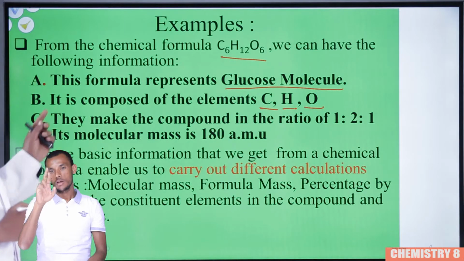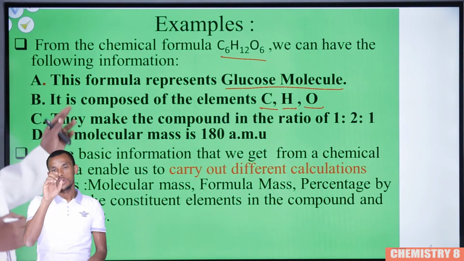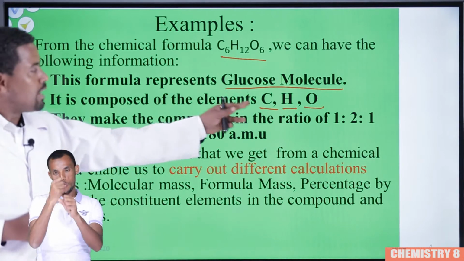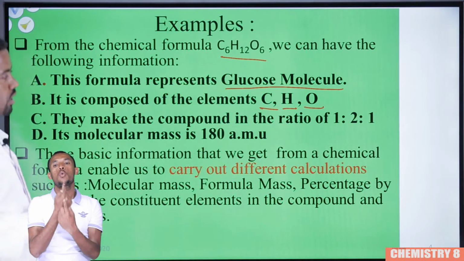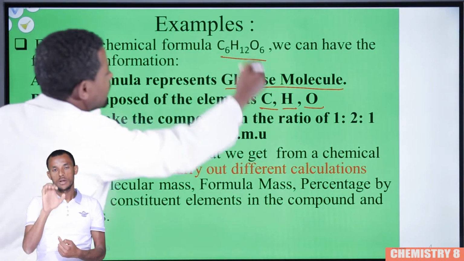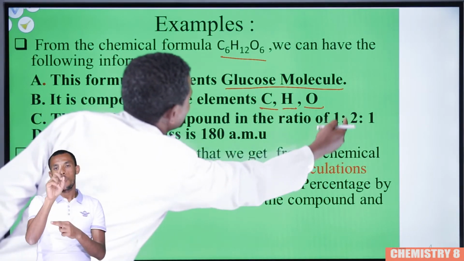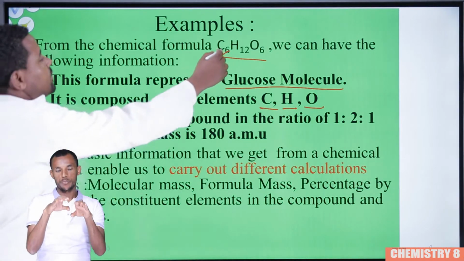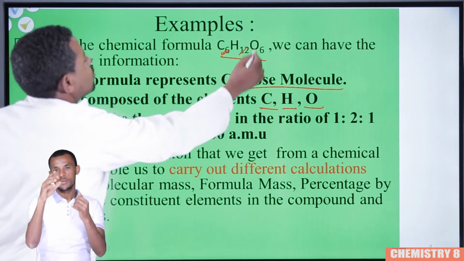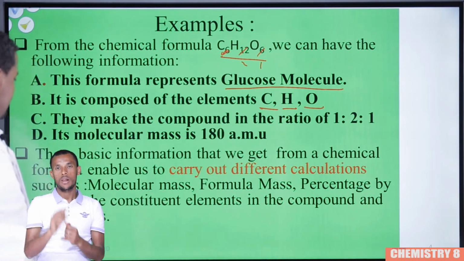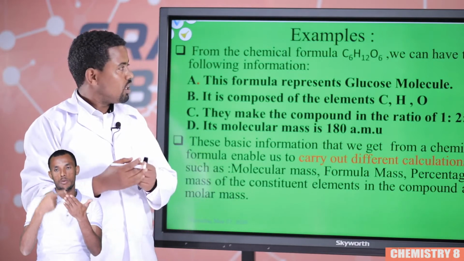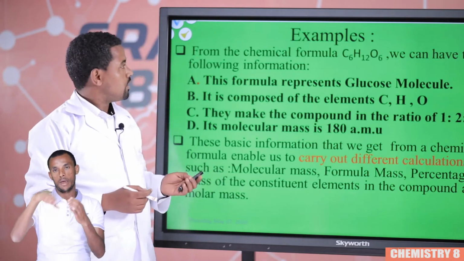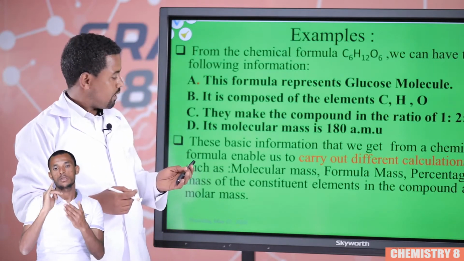The third one: in what ratio do these elements make glucose? As you see here, in the ratio of 6 to 12 to 6. When you simplify this by 6, it is 1 to 2 to 1. Taking this information into account, we can determine some chemical calculations. Let's see what these chemical calculations will be.